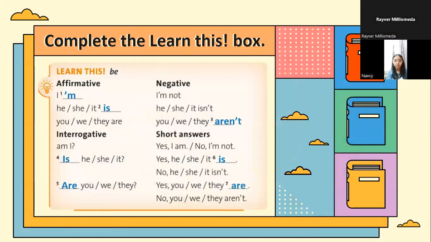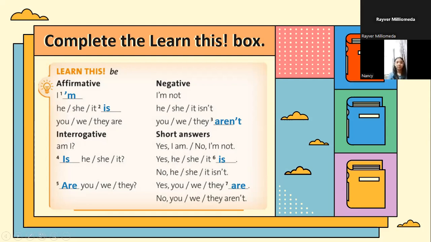Okay, so let's go back here because I guess you are a bit confused. So learn this be. In affirmative, like I'm a pet lover. He is a pet lover. You are a pet lover. They are pet lovers, like that. In interrogative, am I the only one here?